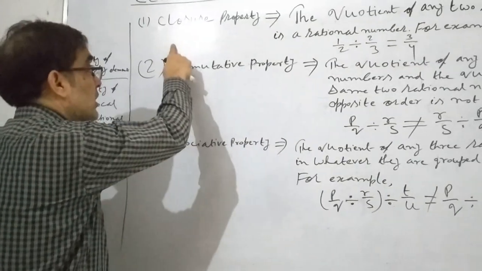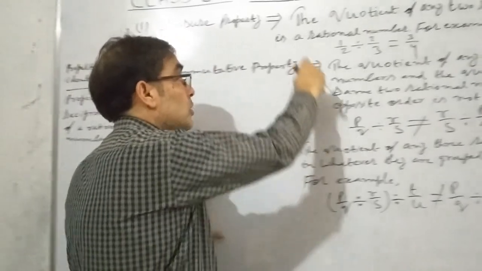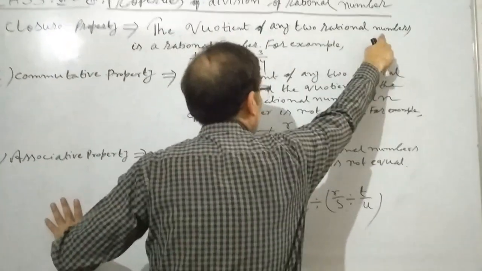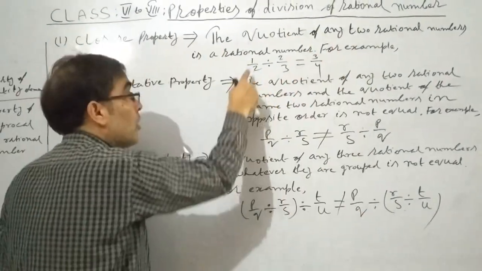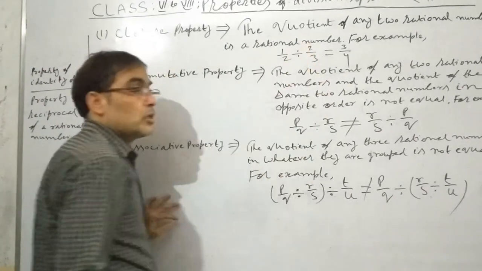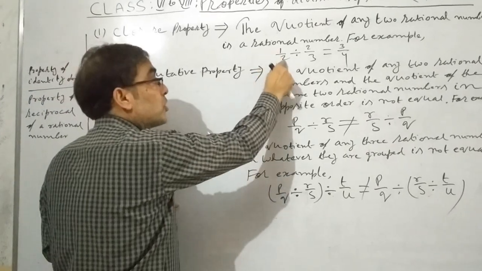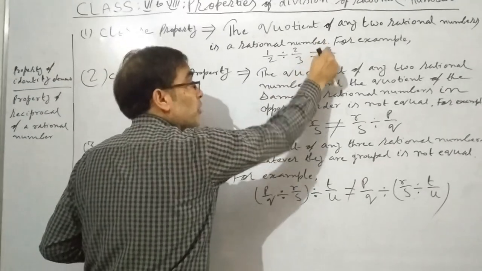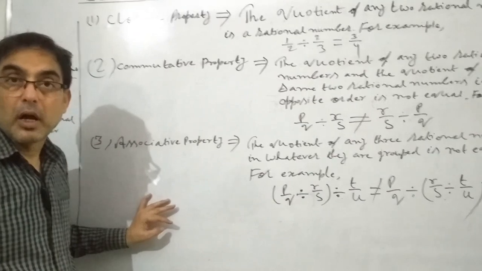First property is closure property. In this property you have to know that the quotient of any two rational numbers is a rational number. For example, here 1 by 2 is a rational number, 2 by 3 is also a rational number, and when we divide 1 by 2 by 2 by 3, then quotient 3 by 4 will also be a rational number.